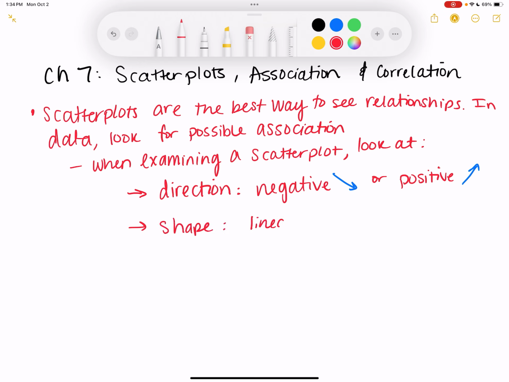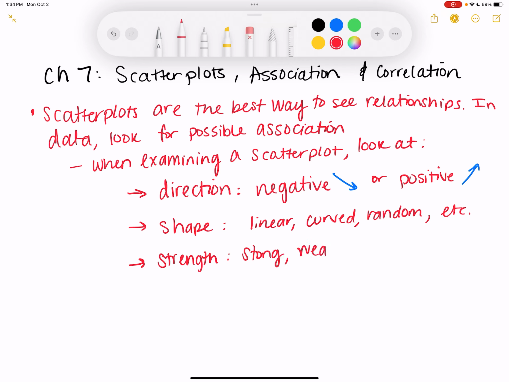Is it linear? Is it curved? Is it random? Etc. And then look at the strength. So is it strong? Is it weak? Is it moderate? And mention outliers. So this is going to be another one of those where sometimes if we remove the outlier, it completely can change the association.